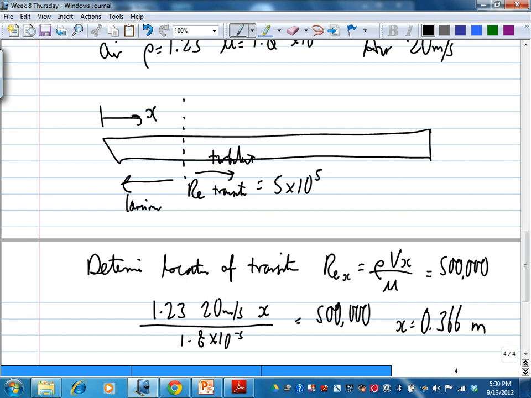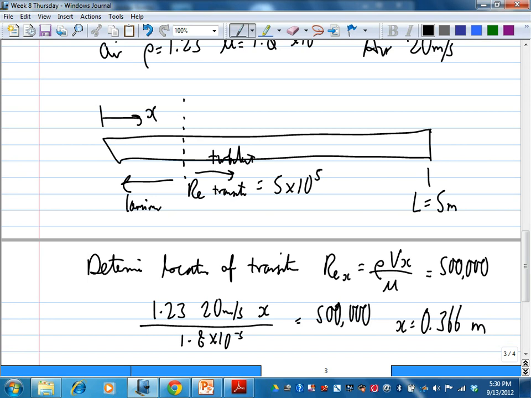Only a very small part of the plate. All right, because I didn't tell you, but let's say L is 10 meters. Oh no, let's say 5 meters. Okay, 5 meter long plate. Nice big Reynolds number. All right. So in this case, there's an initial laminar part.